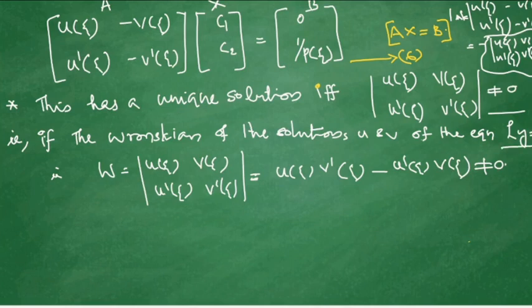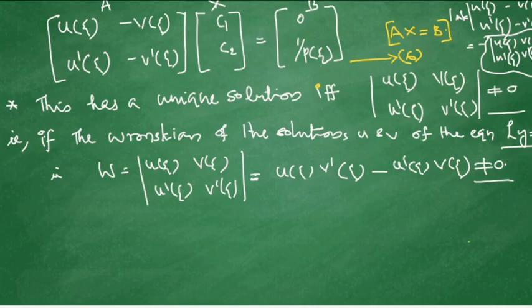That means this system Ax equal to B has a unique solution, or we will get unique values for C1 and C2 if and only if the Wronskian UV dash minus U dash V does not vanish, or is not equal to 0. And the Wronskian becomes 0 only if U and V, which are the two non-trivial solutions of the differential equation Ly equal to 0, are linearly dependent.